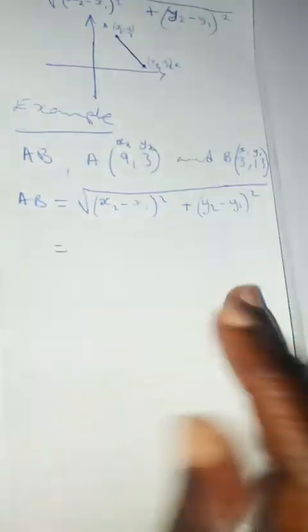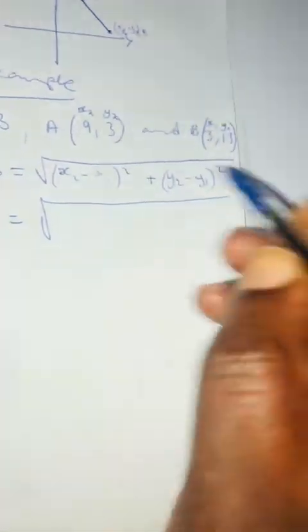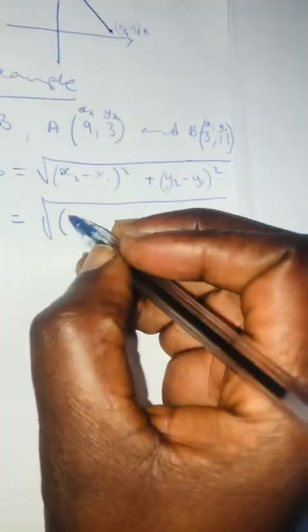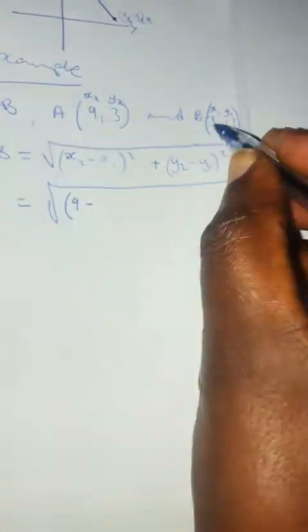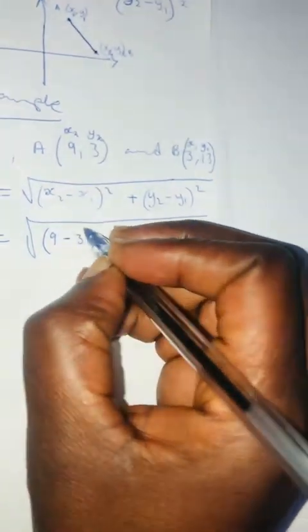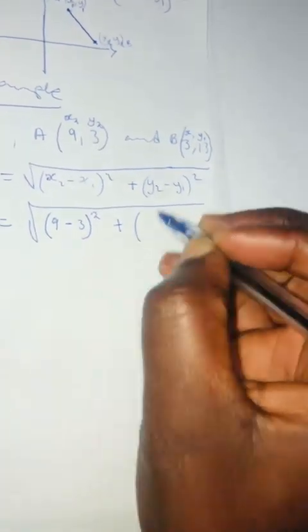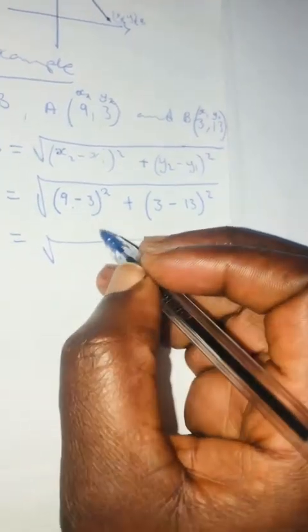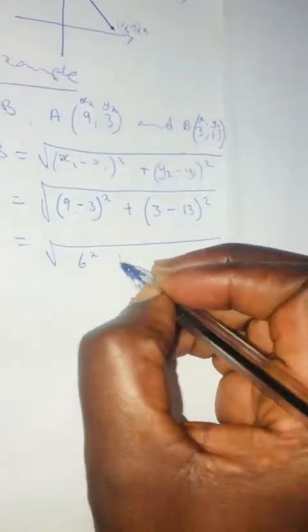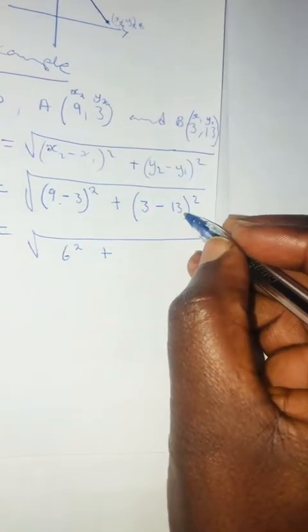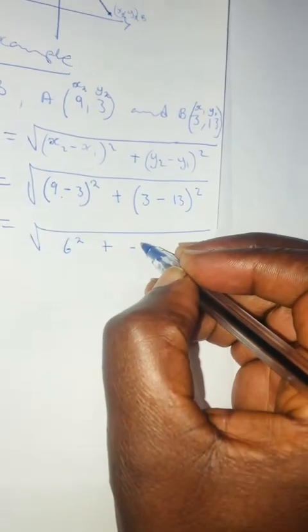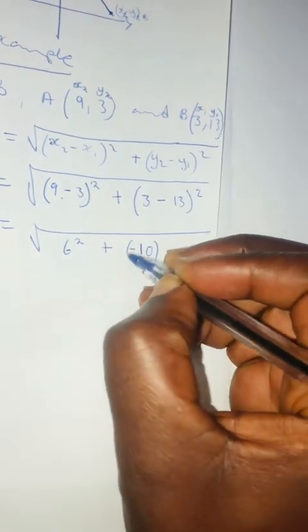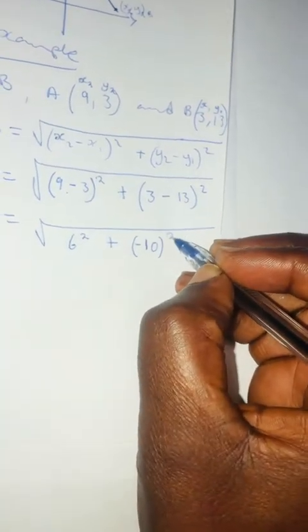So the next thing is simply to substitute. Square root, where there is x2, I'll put 9, then minus x1, which is 3, squared, plus y2 which is 3, minus y1 which is 13, squared. Square root of 9 minus 3 is 6, squared, plus 3 minus 13 is negative 10, and I have to square that one.